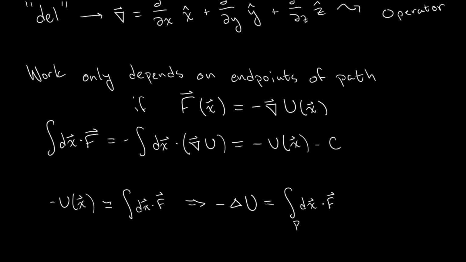So this change in u is going to be something like u x2 minus u x1, but this is just equal to the work. And from the one-dimensional case, we know that work is minus the change in potential energy, so we can immediately identify U as the potential energy.